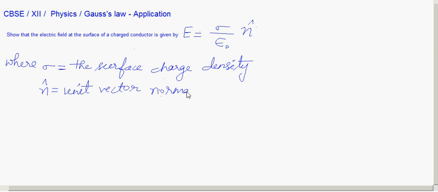N is the unit vector normal to the surface in the outward direction.